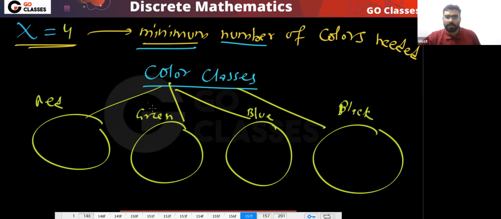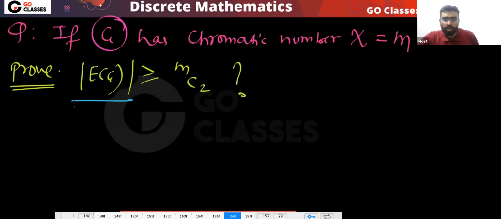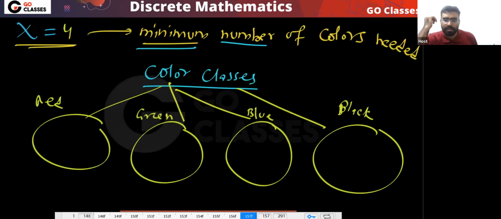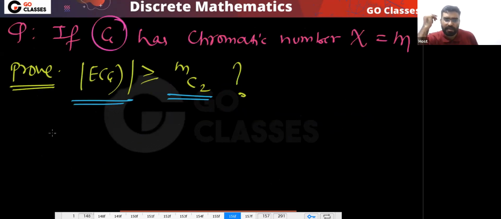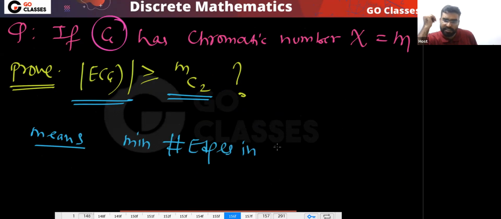Now tell me one thing. I'm asking that at least this many edges will be there. What is the minimum number of edges in G?